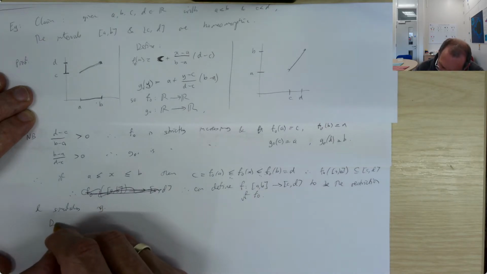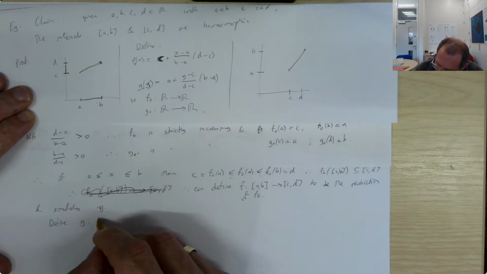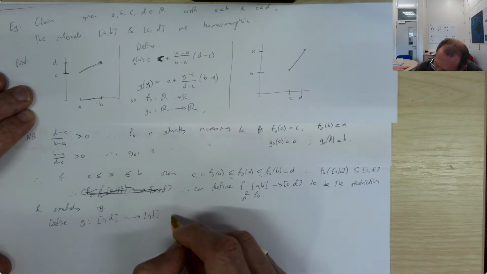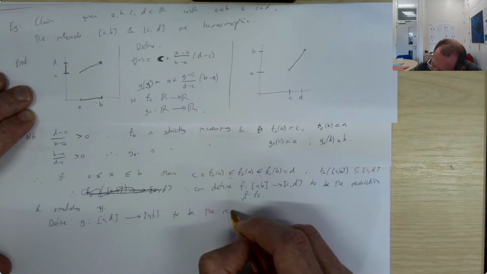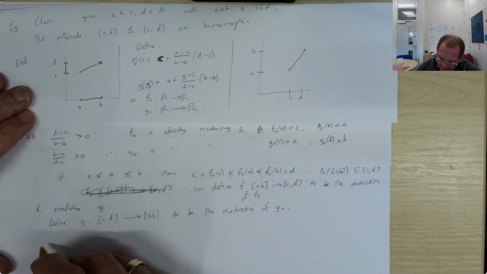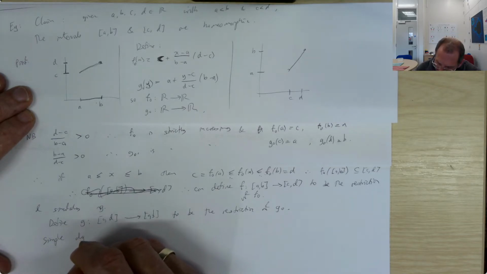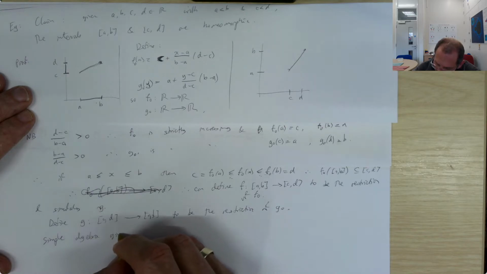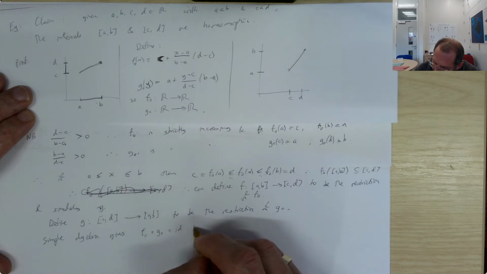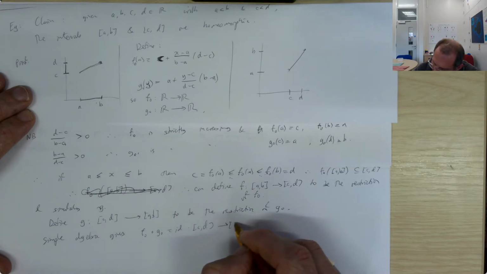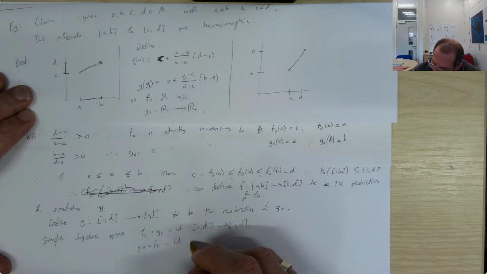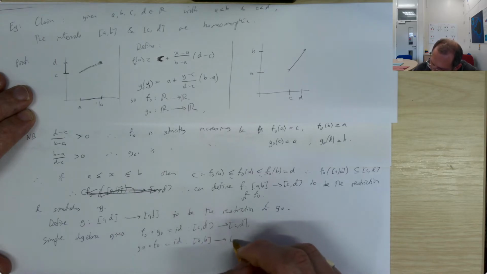Similarly, you can define G from CD to AB a restriction of G naught, then simple algebra gives f naught composed with G naught is the identity from CD to CD, and G naught composed with f naught is the identity from AB to AB.